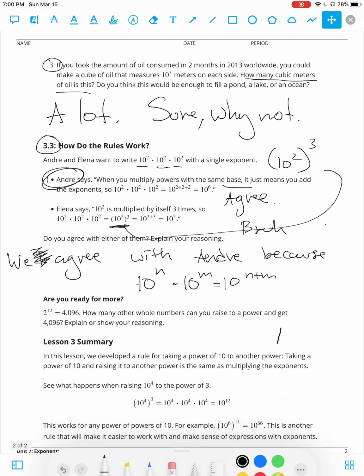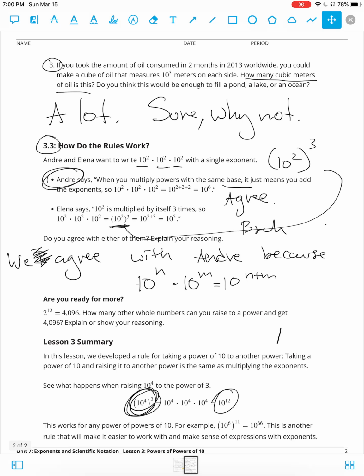But anywho, the whole key of this lesson is to understand that whenever you're taking an exponent to an exponent, you can multiply them. 4 times 3 is 12. And if you're having issues doing this, expand. There's nothing wrong with that.